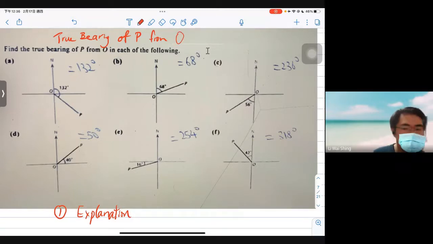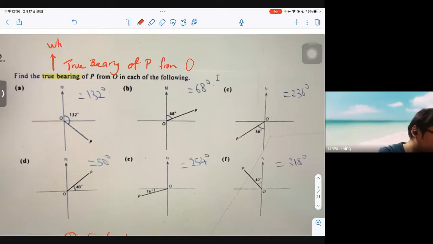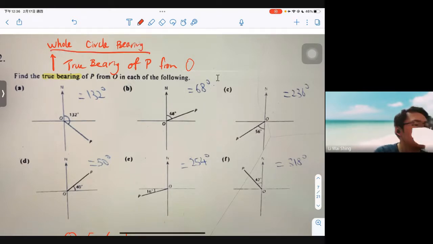We are talking about the true bearings, 真方位角, or you can call it the whole circle bearing. So you don't need to identify the position north, east, southwest, because using whole circle bearings, you just need to give me the degrees.